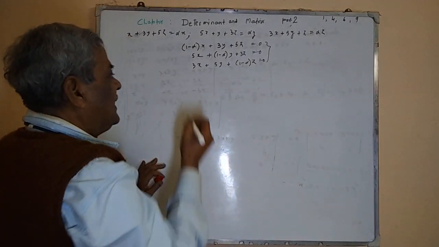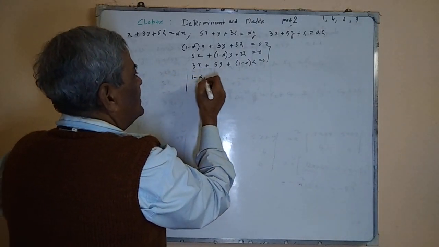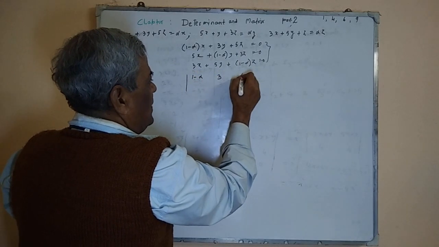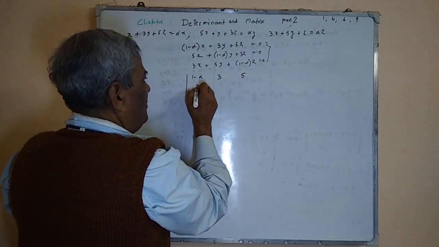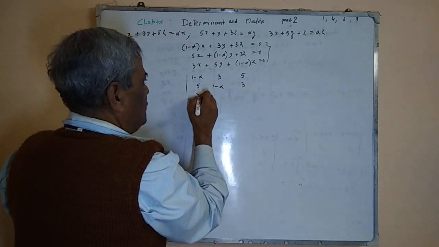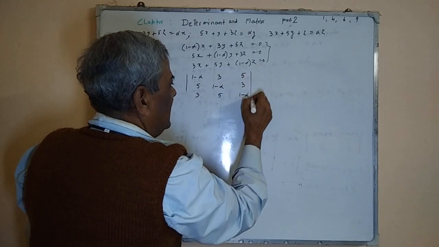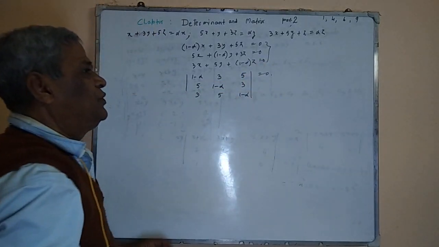becomes 0. That is, if the determinant with rows 1 minus alpha, 3, 5; 5, 1 minus alpha, 3; 3, 5, 1 minus alpha is equal to 0.